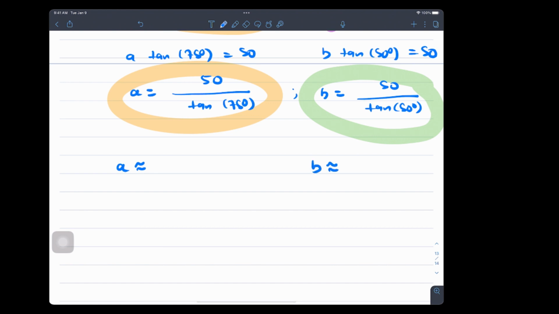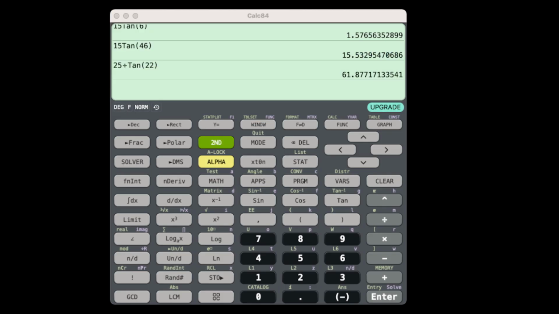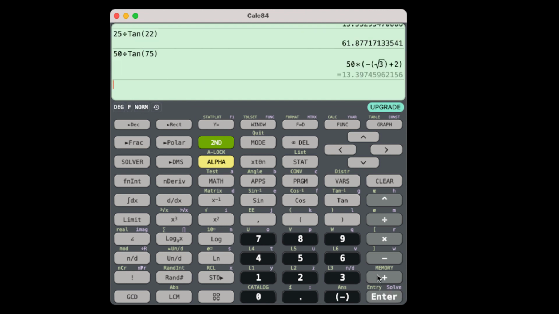What is A? What is B? 50 over tangent 75, ladies and gentlemen. What do we do? Here it is. We're going to get what? Let's try this out. 50 divided by what? Tangent 75. Okay.